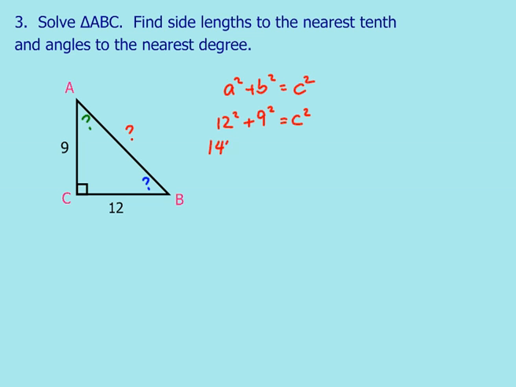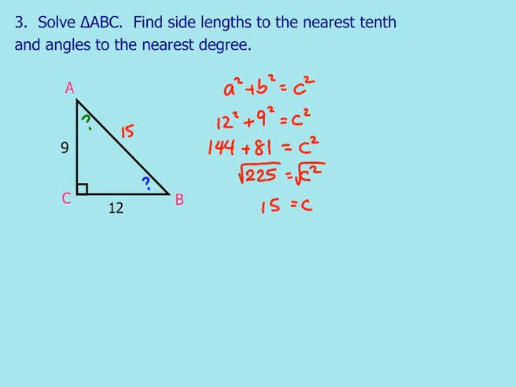So it's 144 plus 81, and adding them together, I get 225, and that's going to work out really nicely, because if I square root to get c by itself, that's 15. So that was pretty easy. I didn't even need trig. There we go, so 15.